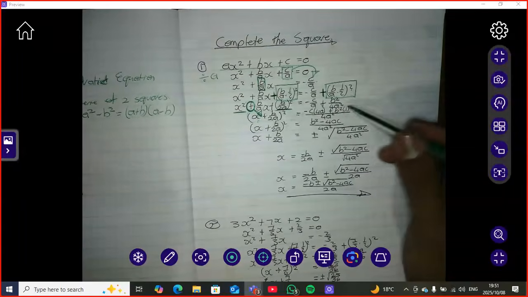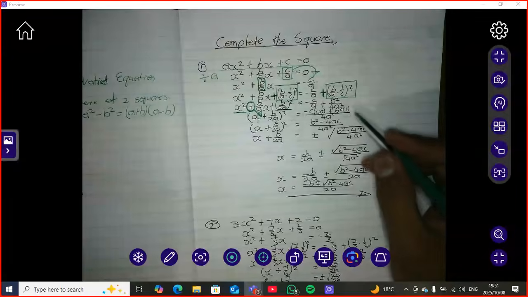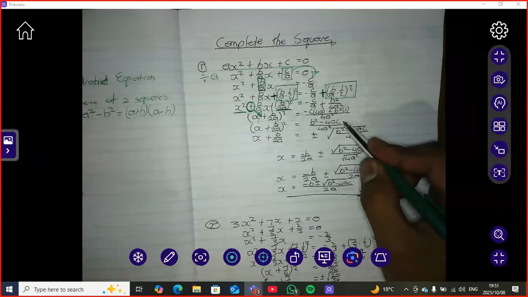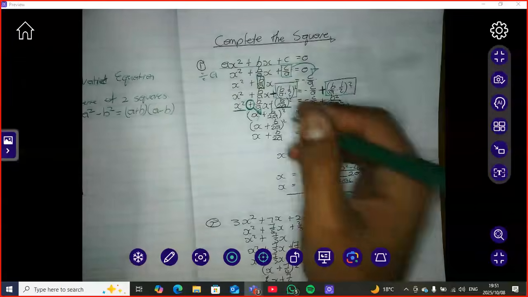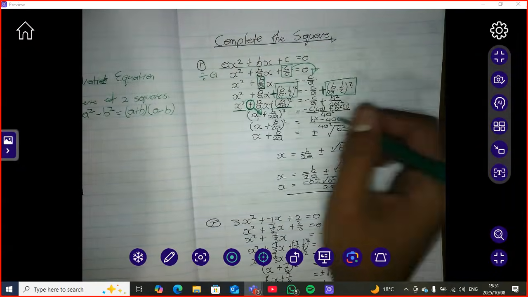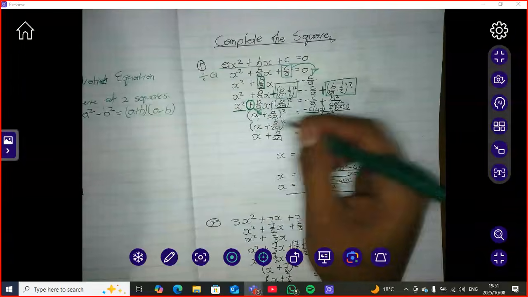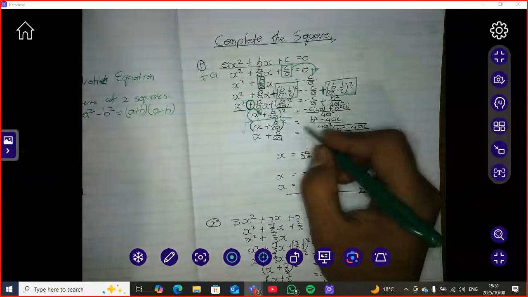Yeah, so we add the fractions together. We get one big fraction. We simplify the fraction nicely. Then, whenever you're completing the square, you want to get rid of this squared in brackets, and the only way to do that is to square root both sides.